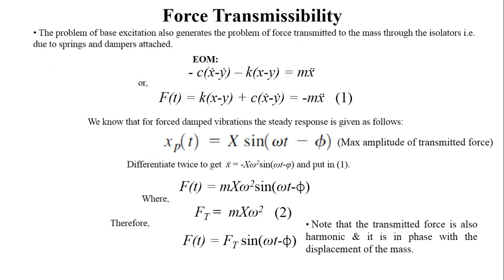If we differentiate this twice with respect to time, we will get this expression, and so we substitute the value of x double dot in equation 1 here, and we get the value of the transmitted force, that is m X omega squared sine omega t minus phi.